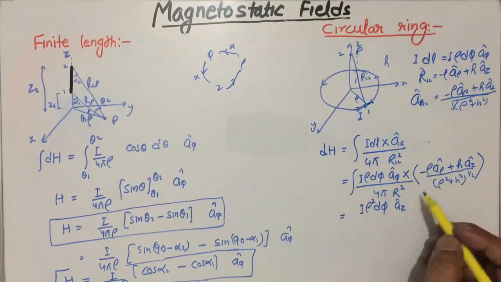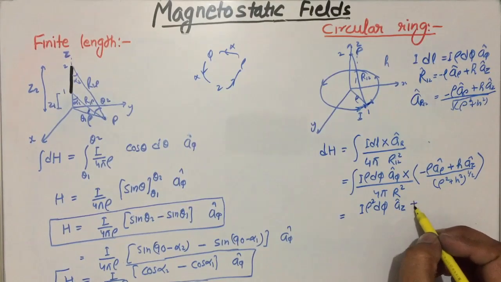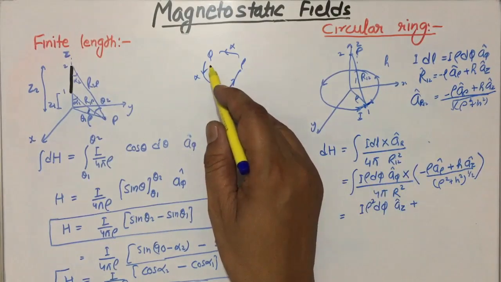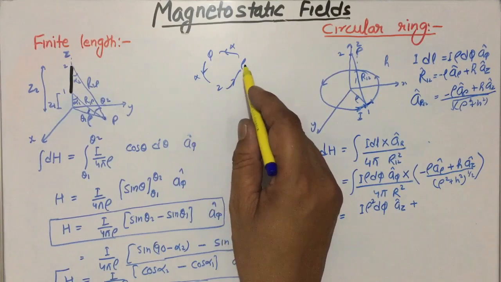Okay, and plus, what about this? A phi cross az will give you a rho.